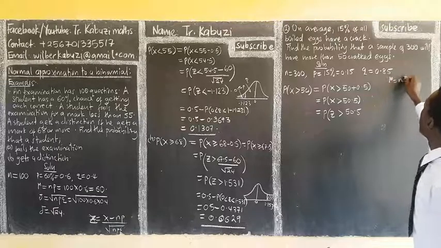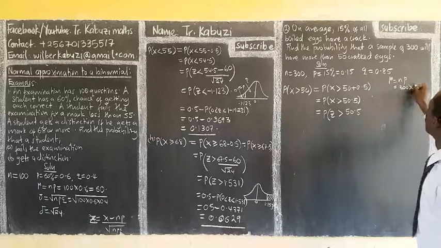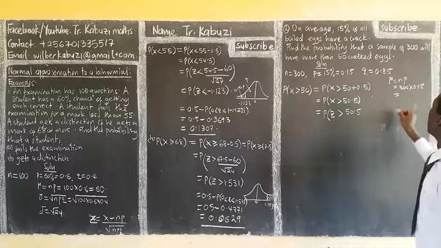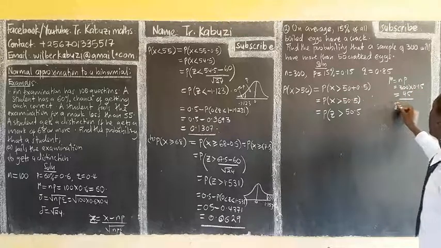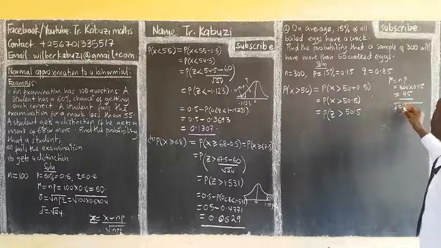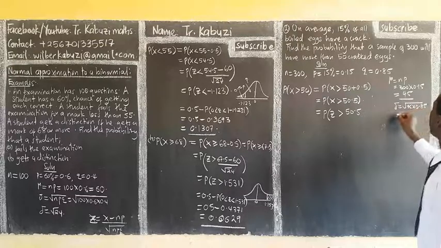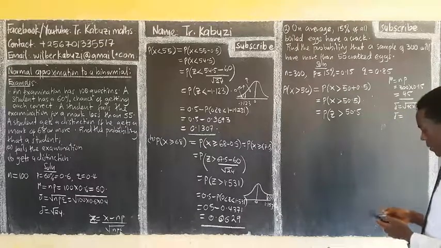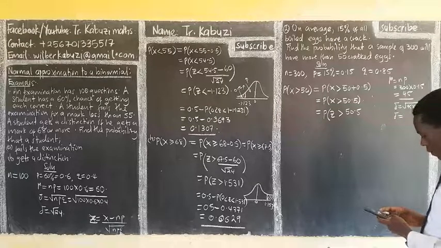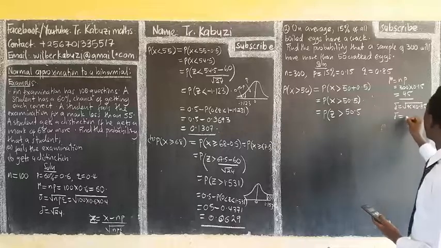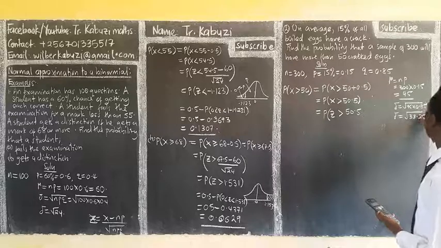Our mu is np, which will be 300 times 0.15, which is 45. Then our sigma will be the square root of npq, which is 45 times 0.85, so our sigma will be the root of 38.25.